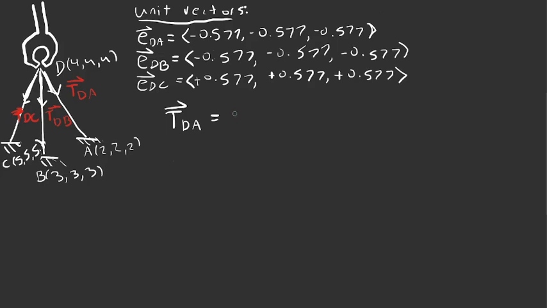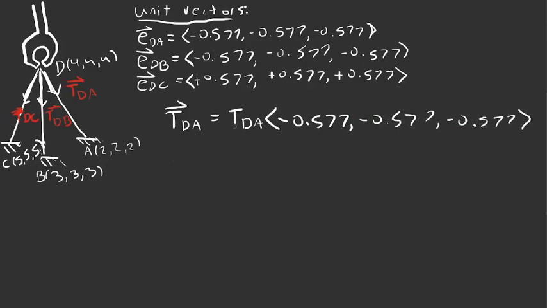So we should be able to write it like this: TDA, which is the magnitude of this force, and then the direction, which will be our unit vector EDA, 0.577. So theoretically, that's how we should be able to write it out, and we should be able to write out all of our different forces that way. So I'll go ahead and do that real quick.